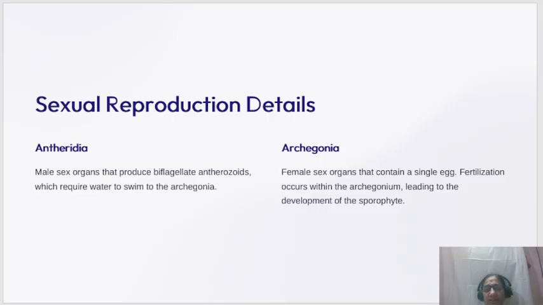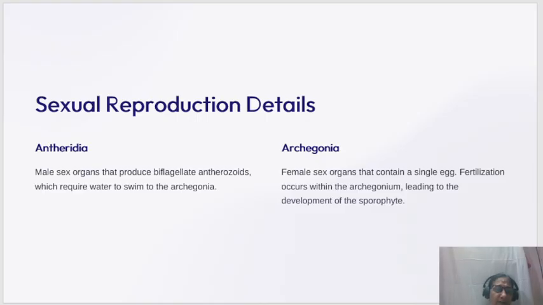In sexual reproduction, the male sex organs produce biflagellate antherozoids, which require water to swim to the archegonia. The archegonia, the female reproductive organs, consist of the egg, and fertilization takes place within the archegonium, leading to the development of the sporophyte.